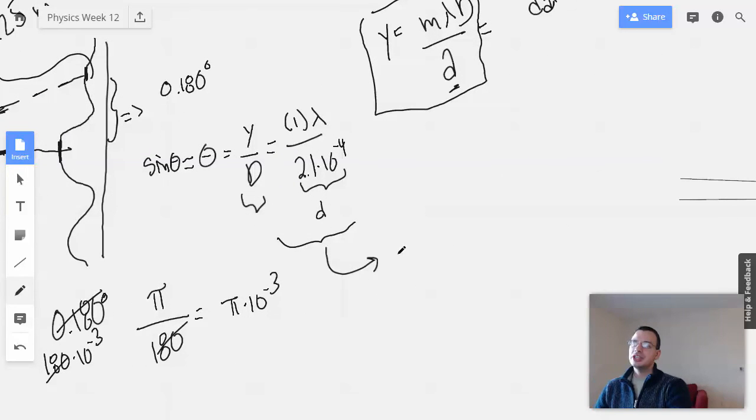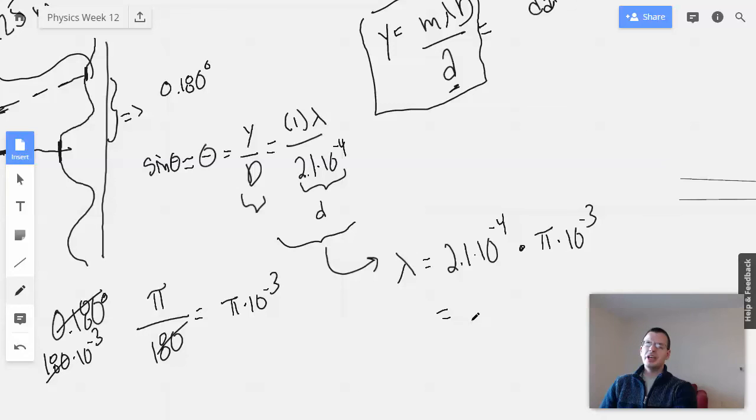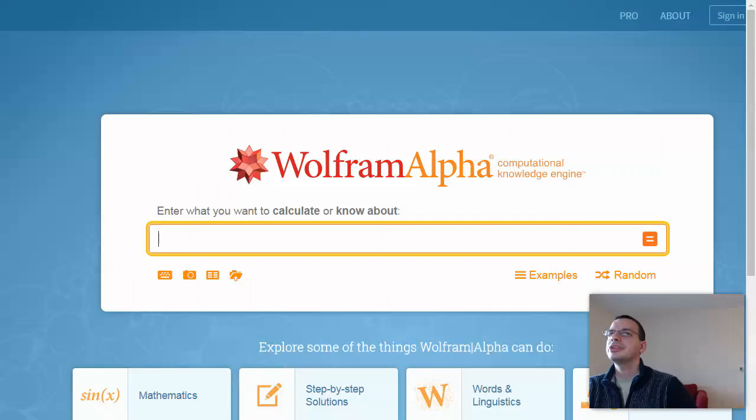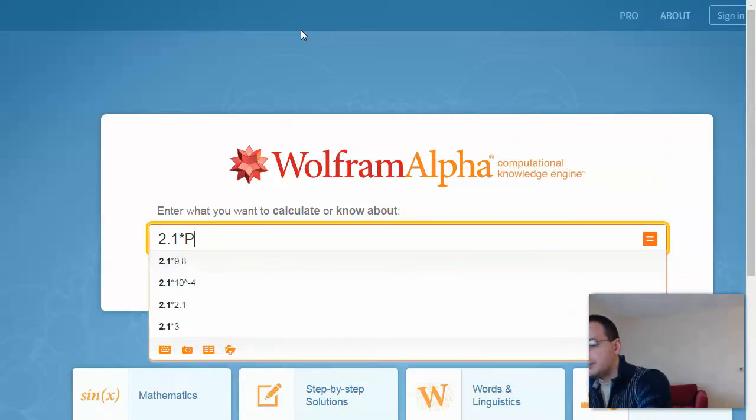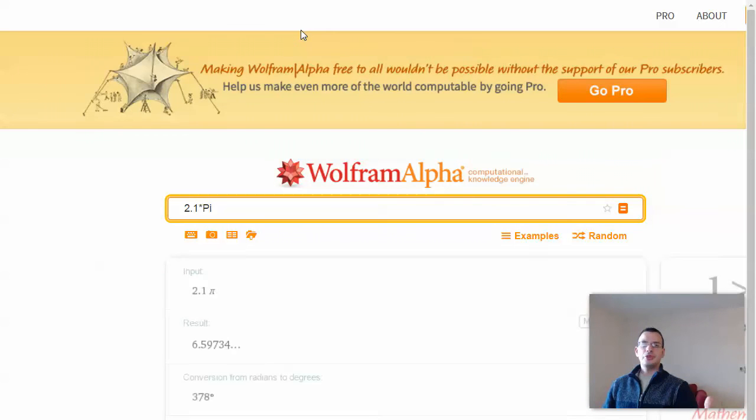So rearranging this, we have lambda equals 2.1 times 10 to the negative fourth divided by, so move this guy up here. Oh, no, we need to multiply, not divide. Multiplied by pi times 10 to the negative third, which gives us, I'll Wolfram this, 2.1 times pi. I know it's going to be like 6.3.